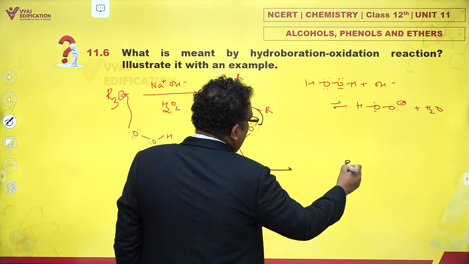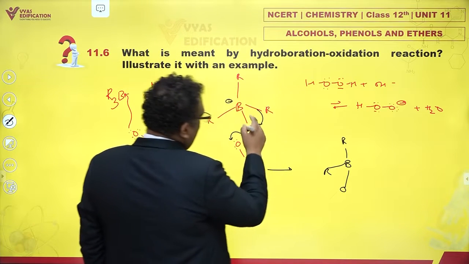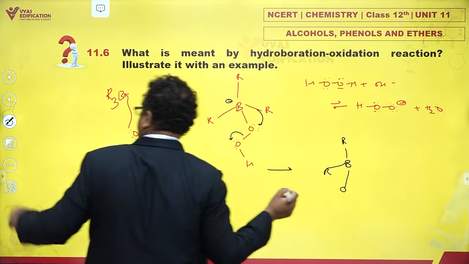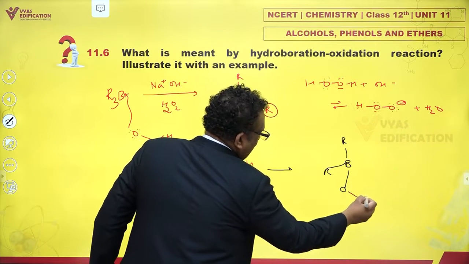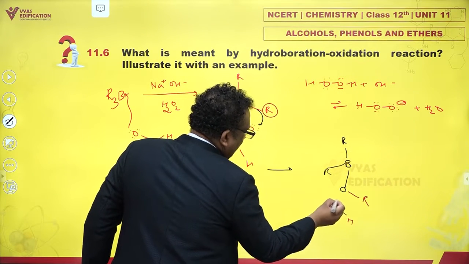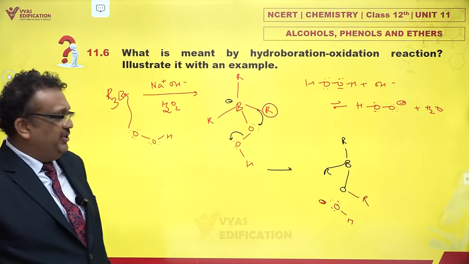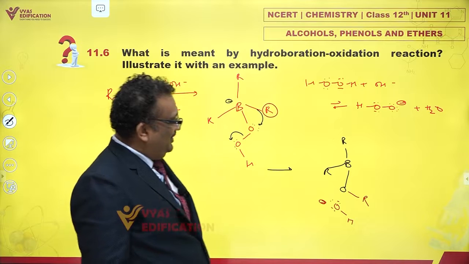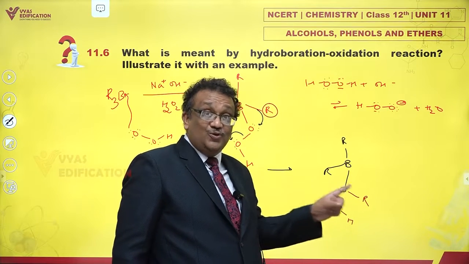You get B, R, R, O. And this R has jumped here. This R group has jumped here like this. And one OH minus has just broken away out of hatred, general stupidity. Fanciful. Now, alkyl group gets attached to oxygen.